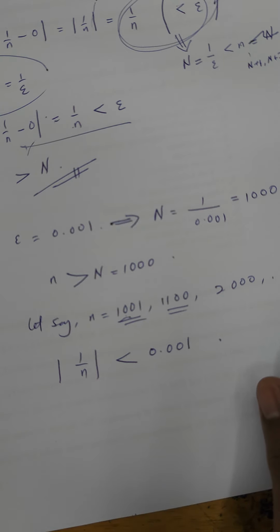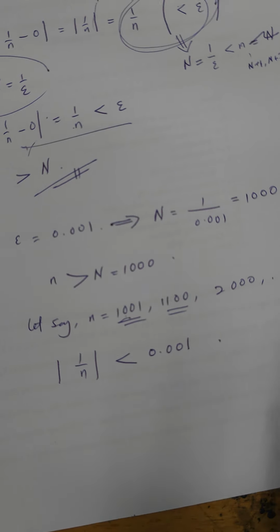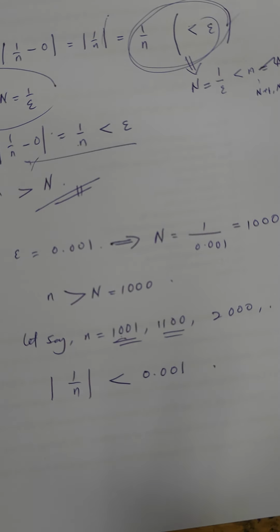Then I started on the definition of the limit of a sequence, and gave a formal definition. If the limit exists, it means the sequence converges, and I ended with an example of how to use the definition of the limit of a sequence.